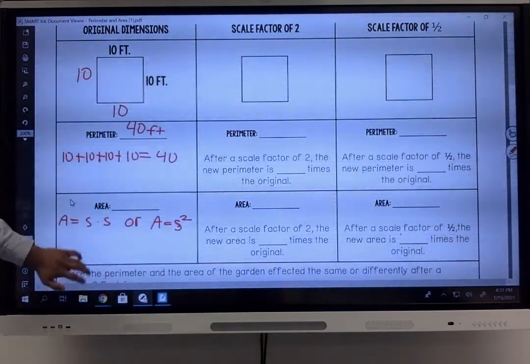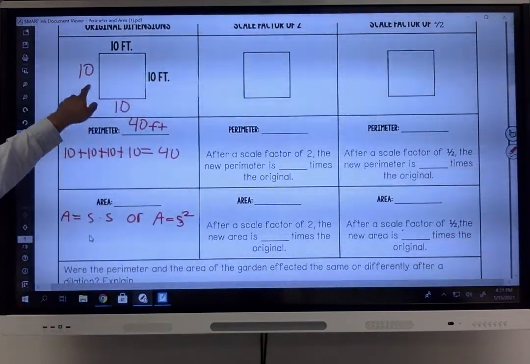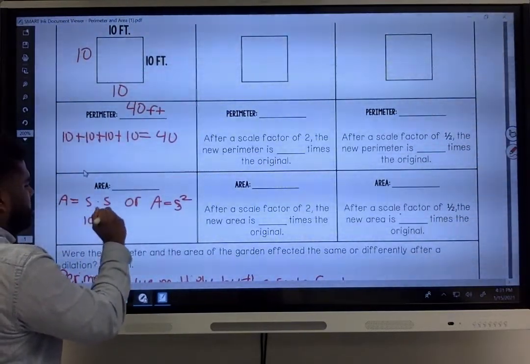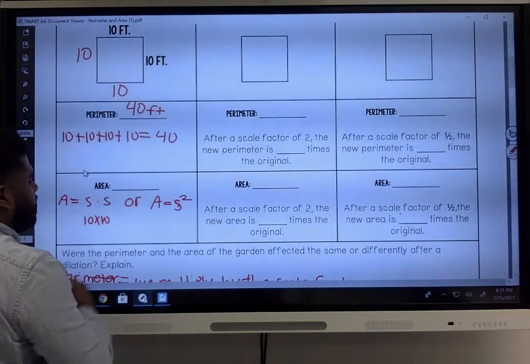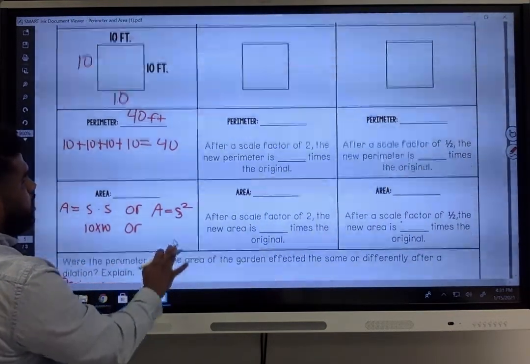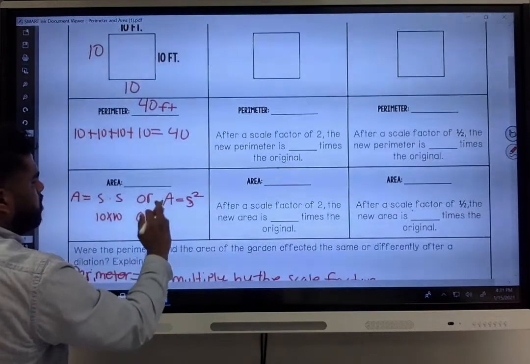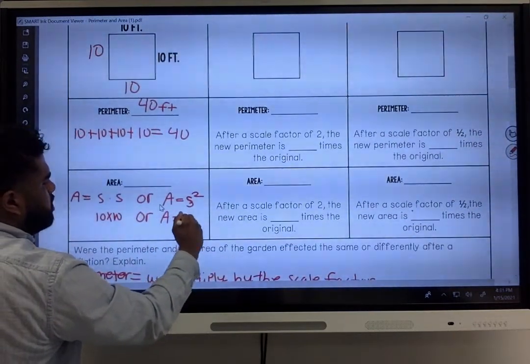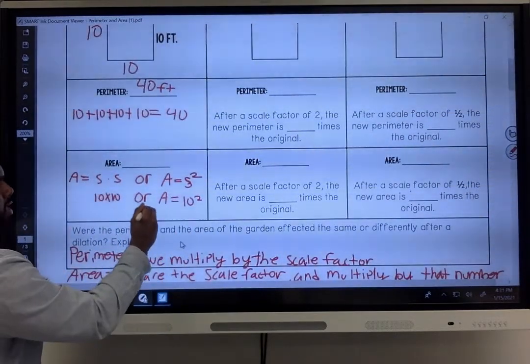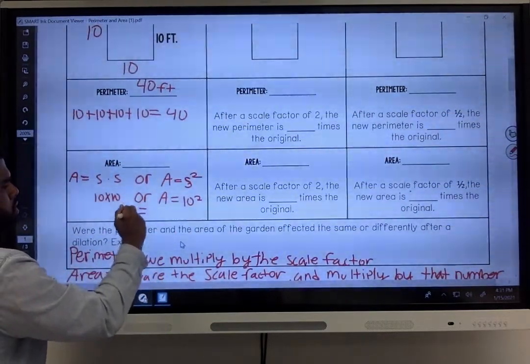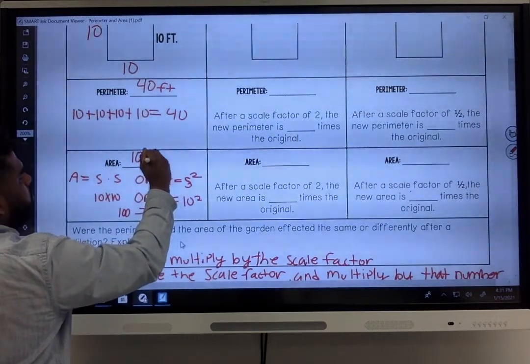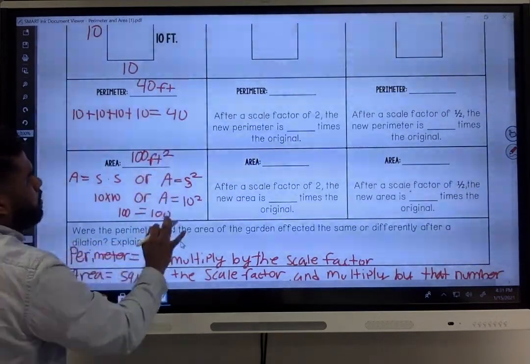It's going to be 10 times 10, because we take one side length and multiply by the other. Or you can write area as side squared. Well, what was one of the side lengths? 10. So 10 squared equals 100. They're both going to get you the same answer. So our area is going to be 100 feet squared.